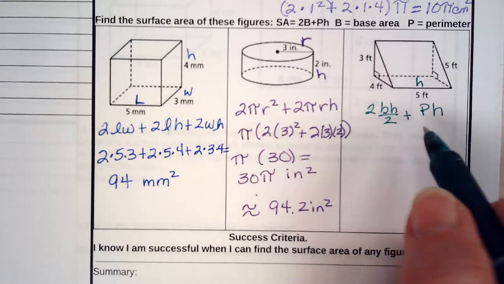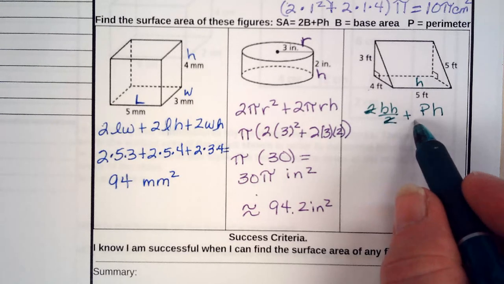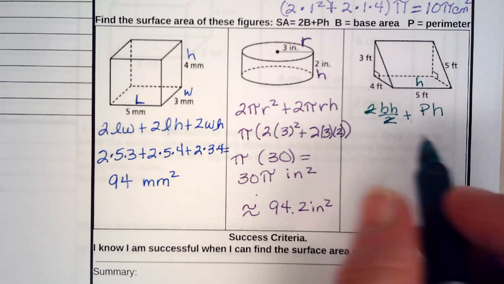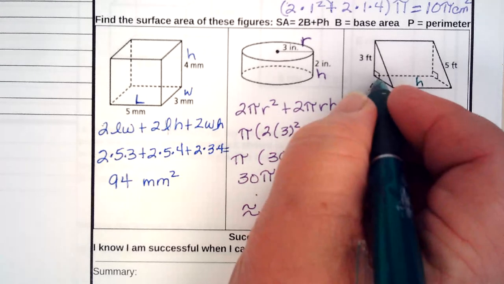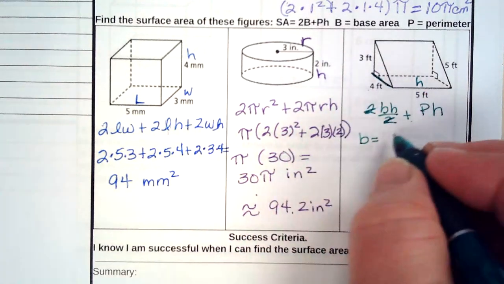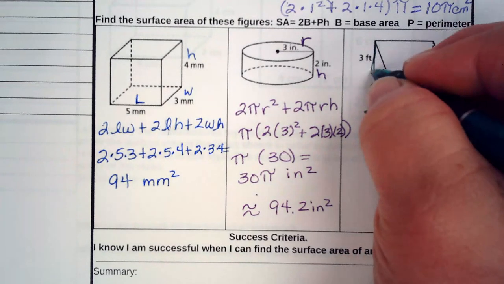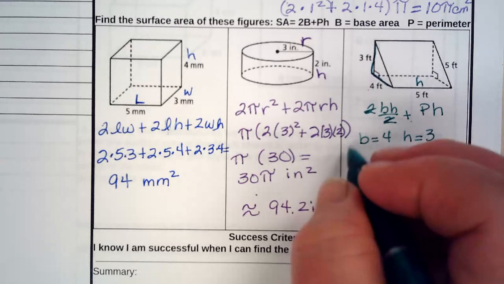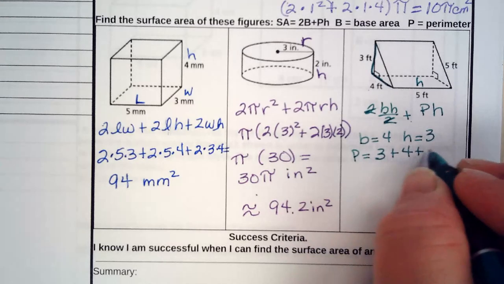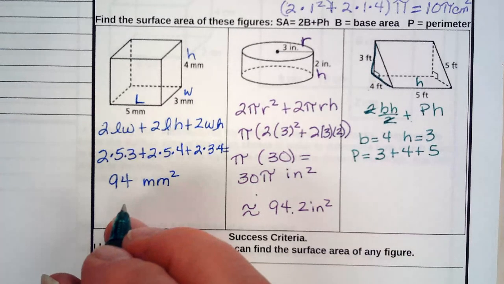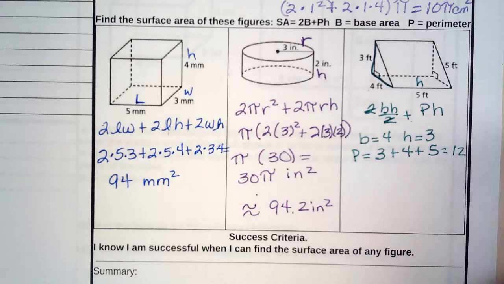When I take 2 and divide it by 2, that eliminates it. Now it becomes base times height plus the perimeter times the height. So my base of my triangle is 4. My height of the triangle is 3. My perimeter is 3 plus 4 plus 5, which gives me 12.